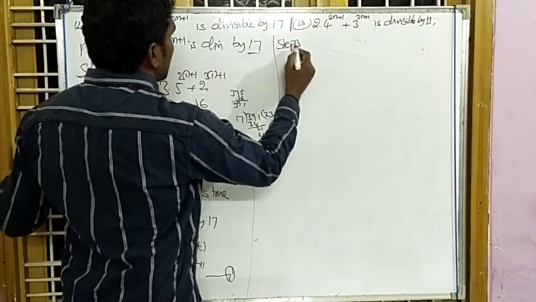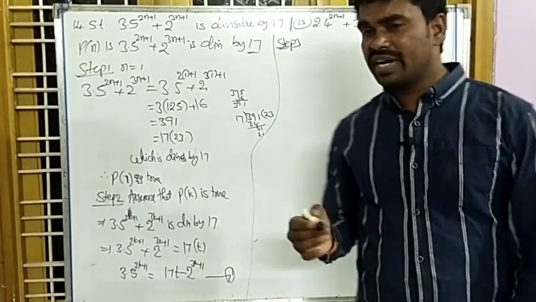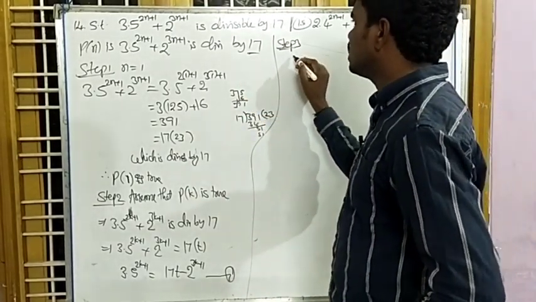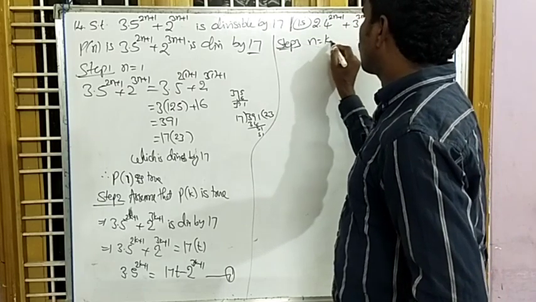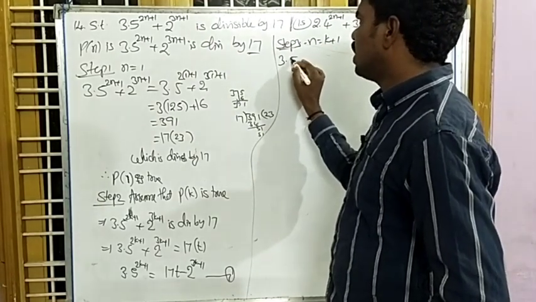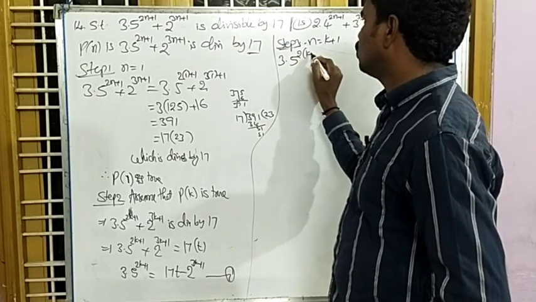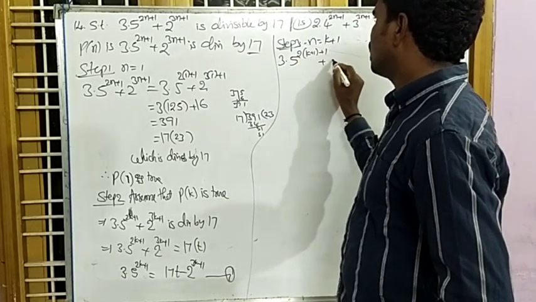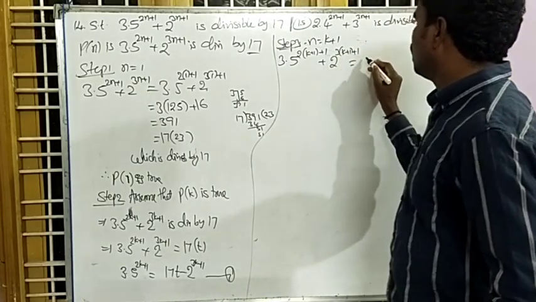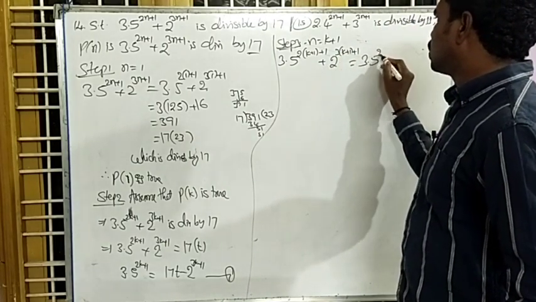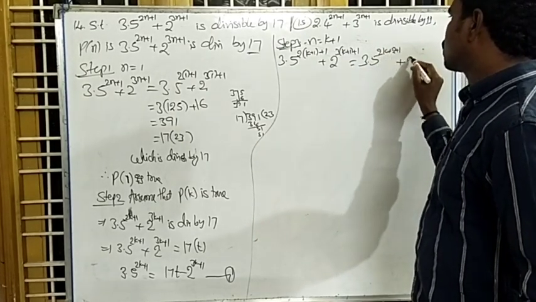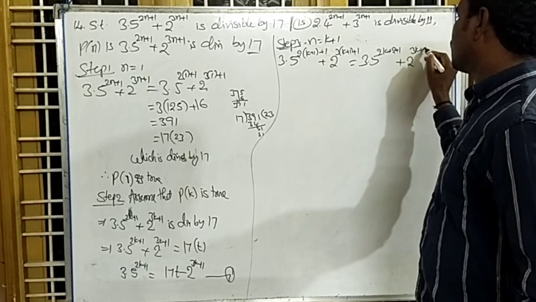Now step 3. Actually we are not going to find the k plus 1 term, but we are going to prove for n equal to k plus 1. At n equal to k plus 1, what will it become? It becomes 3 into 5 power 2 into k plus 1 plus 1, plus 2 power 3 into k plus 1 plus 1, which is 3 into 5 power 2k plus 2 plus 1, plus 2 power 3k plus 3 plus 1.